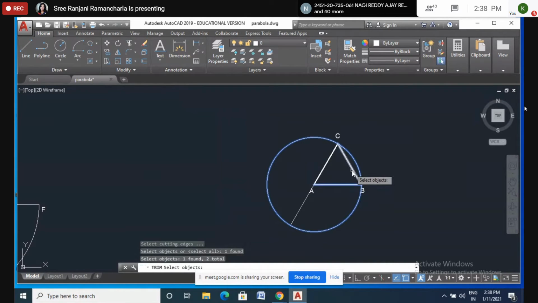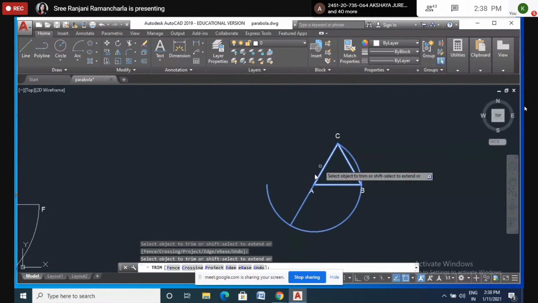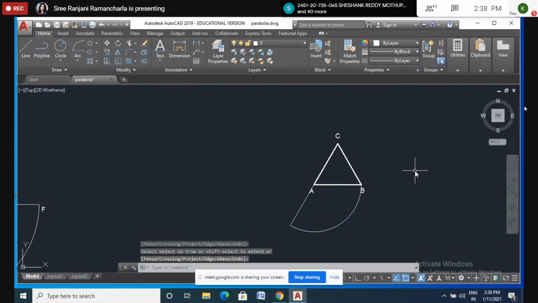Yes, I want to show trim all. Enter. So it was trimmed. Now I extended CA.